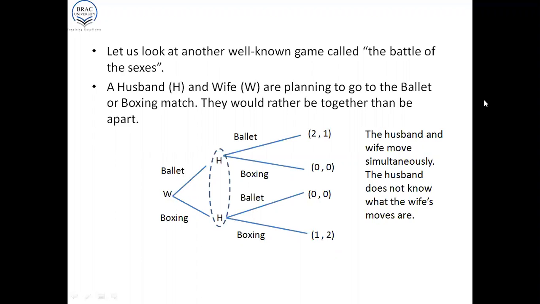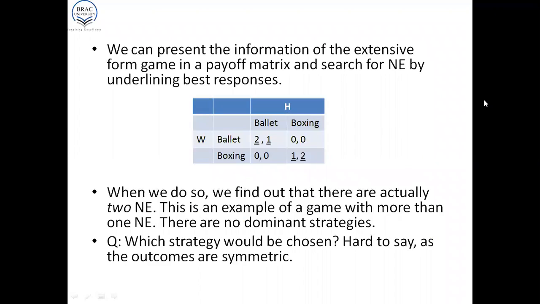We can represent this information in static form in a payoff matrix. After we have done so, we can search for Nash equilibria by underlining the best responses. When the wife goes to the ballet, the husband should also go to the ballet, and we underline his payoff of 1.